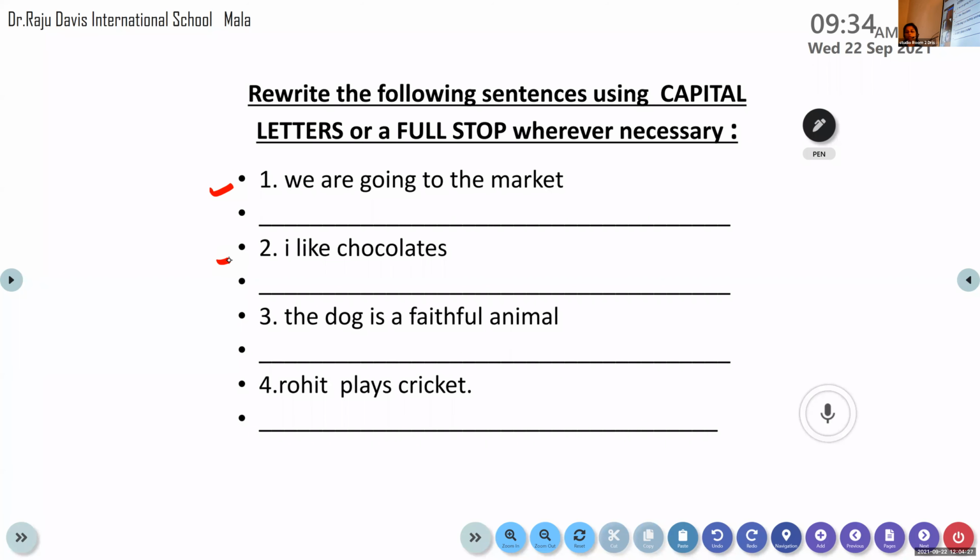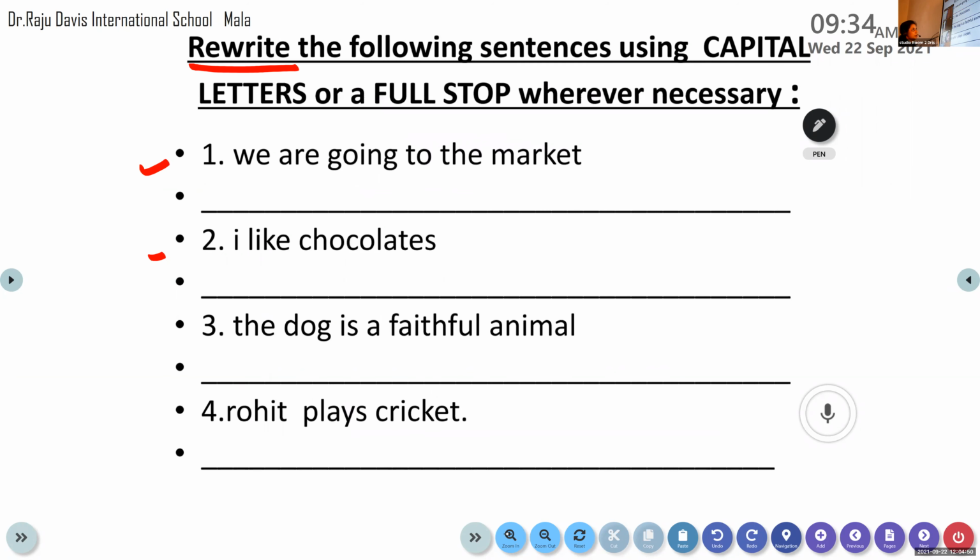So let me see how you're going to write the exams. When the question says rewrite, then you have to write the complete sentence. Only then can we use capital letters and full stop. When the question paper tells us to rewrite, it means we have to rewrite the whole sentence. Remember, okay, children?